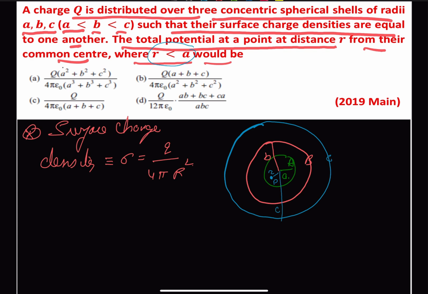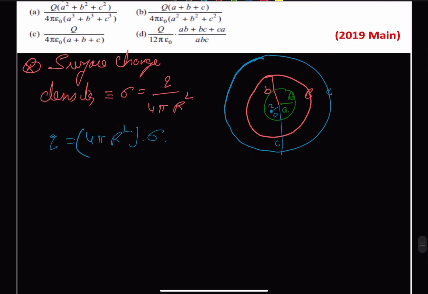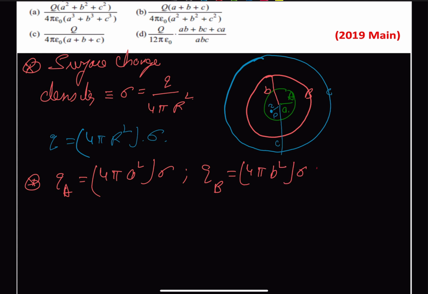So Q will be equal to 4 pi r square multiplied by sigma. Therefore, for A, B and C, the charge on A will be 4 pi A square multiplied by sigma, the charge on B will be 4 pi B square multiplied by sigma, and the charge on C will be 4 pi C square multiplied by sigma.